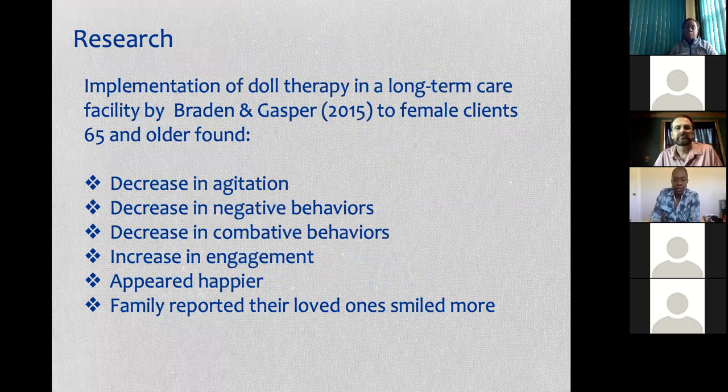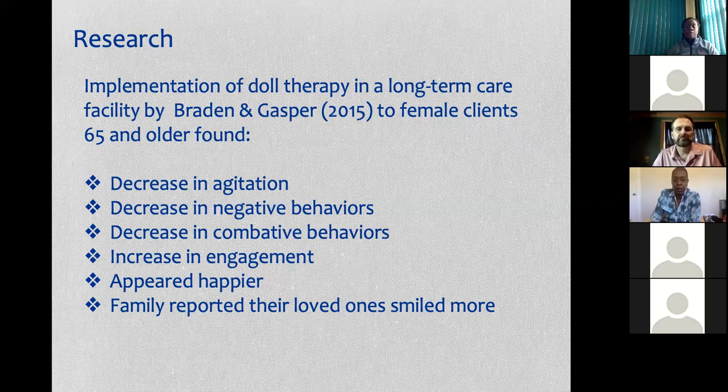So there was some research done by Brandon Gasper. In this particular research, this team went to a long-term facility of clients with dementia. They talked to the staff to determine which clients were displaying some of the challenging behaviors that we discussed, and they took those clients.